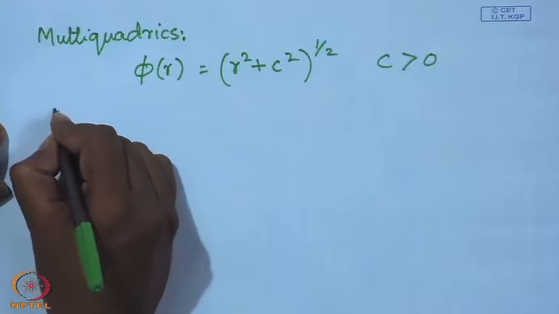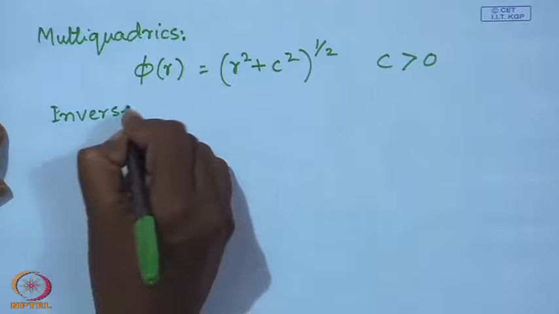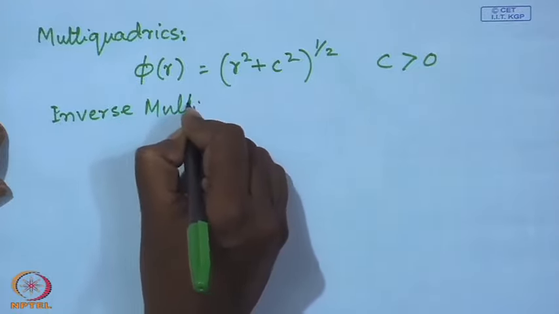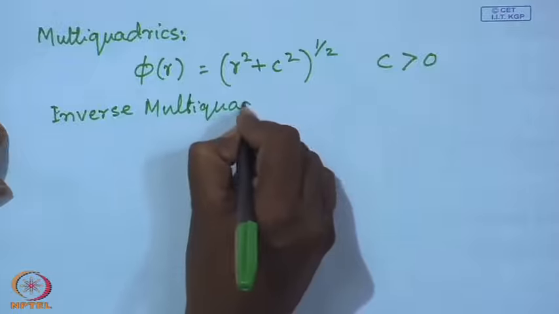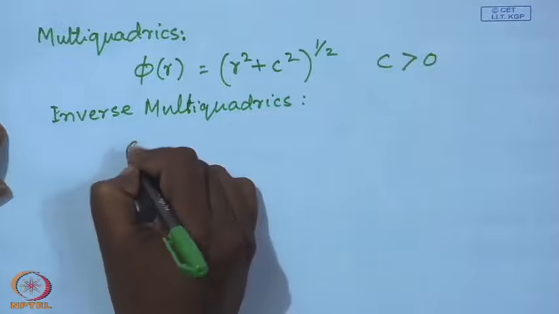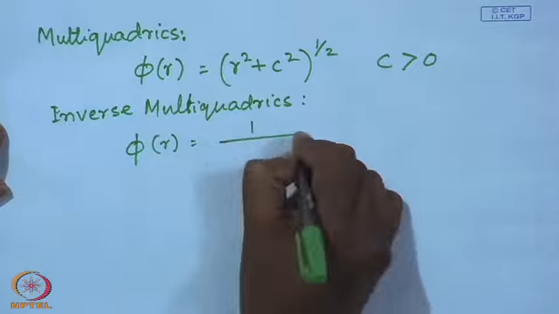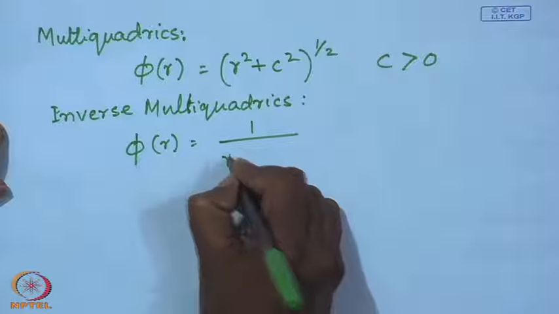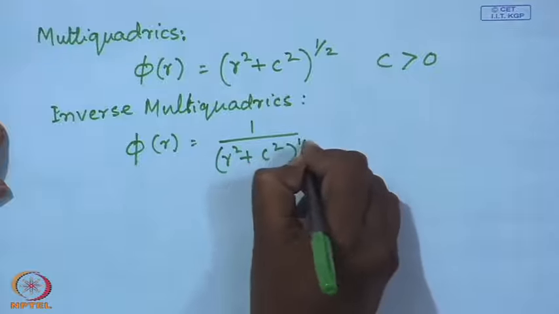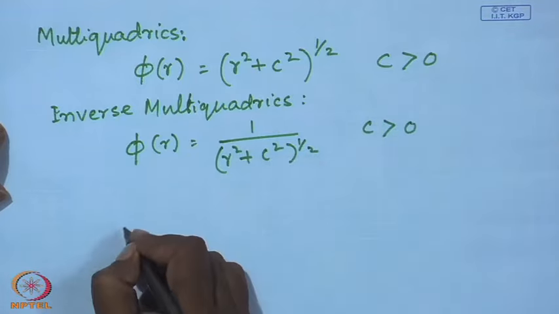Then I can have inverse multiquadrics, where the function phi r is given as just the inverse of quadrics, that is, 1 upon r square plus c square to the power half for c greater than 0.